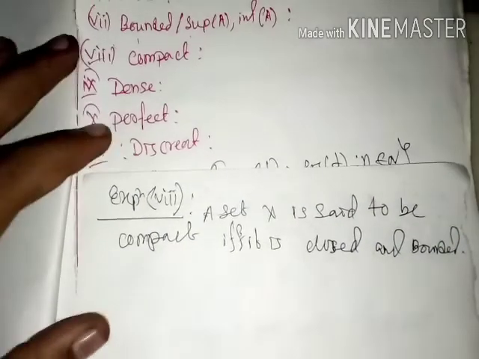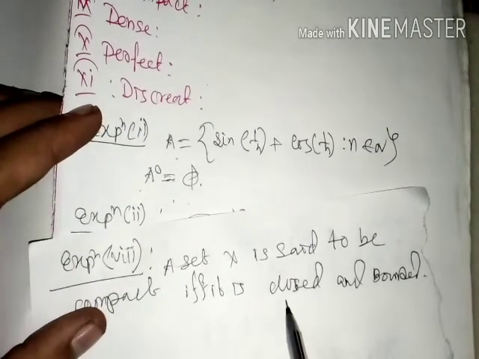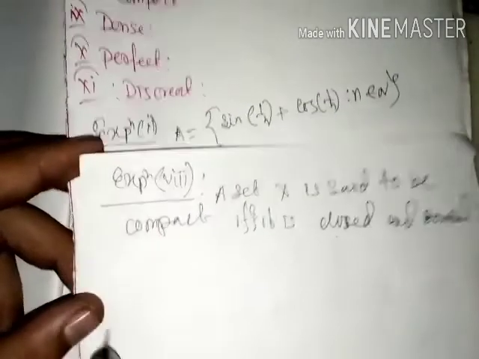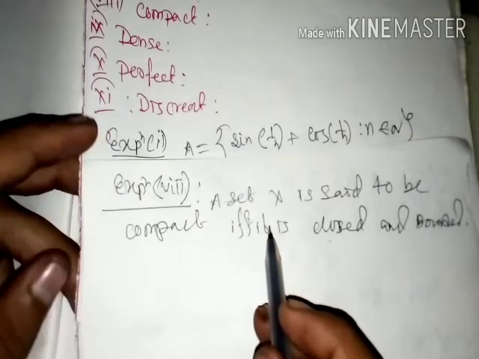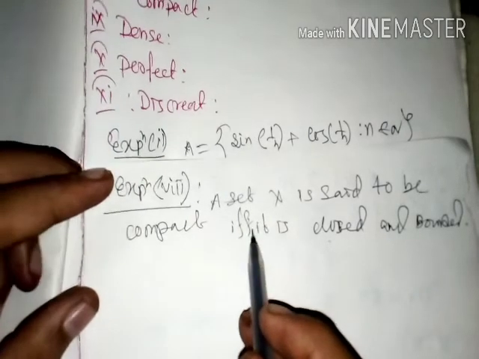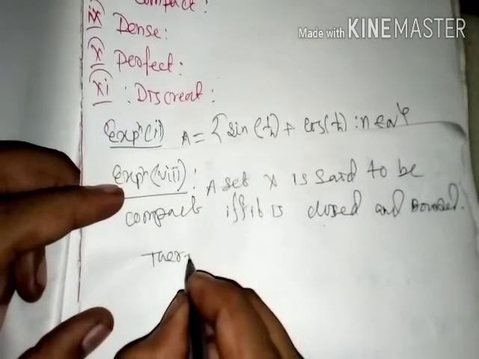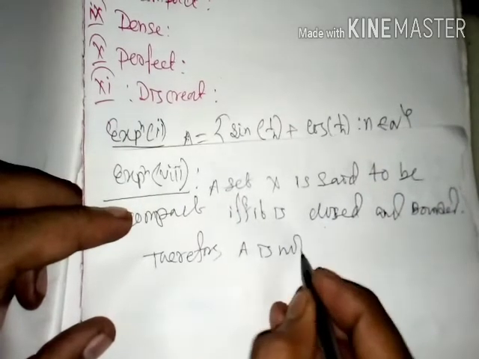Already we know this set is not closed. That's why by this result we can say that this set is not compact. Therefore A is not compact.